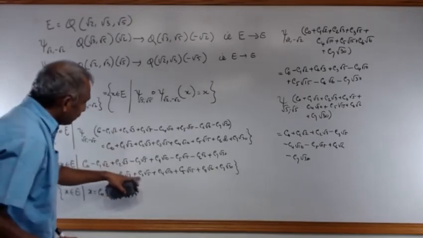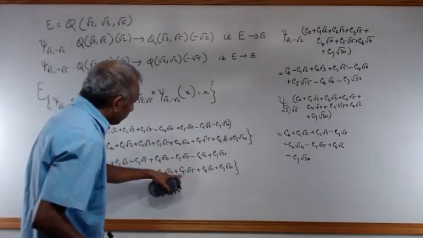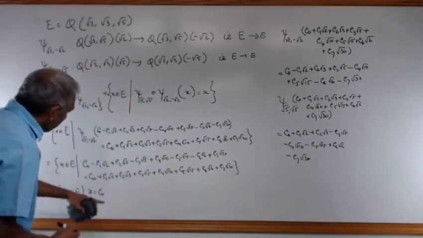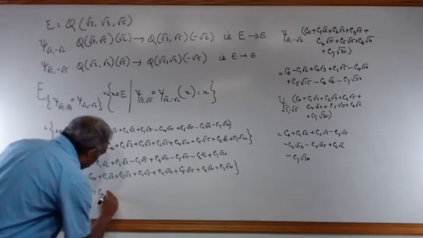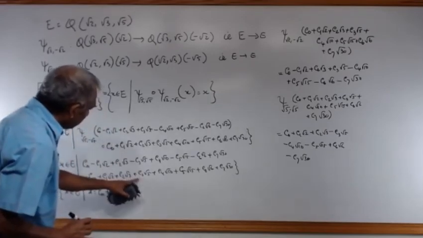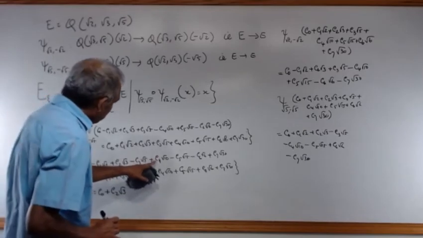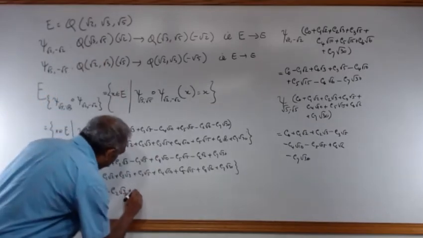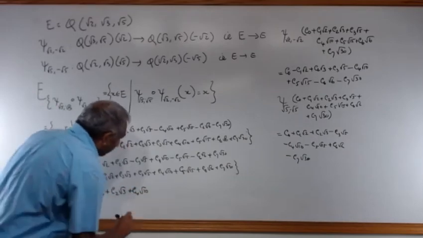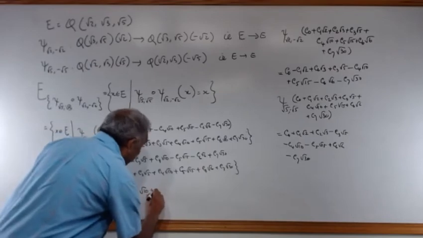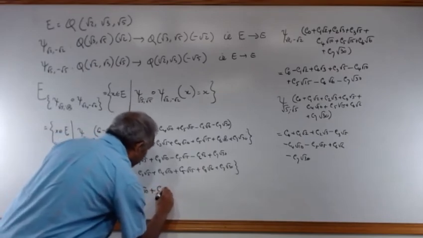Same thing, this has to be 0. This has to be 0. And this has to be 0. So c0 plus c2 root 3, then plus c4 root 10, then plus c7 root 30.